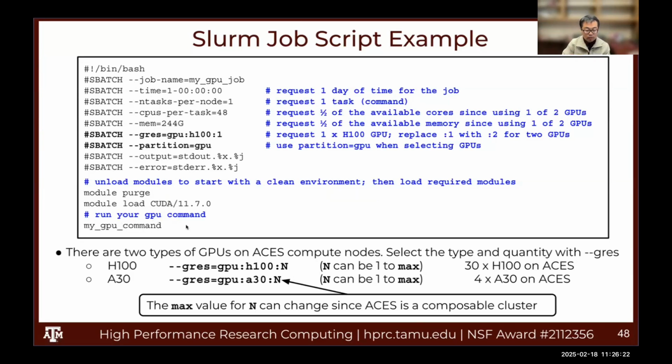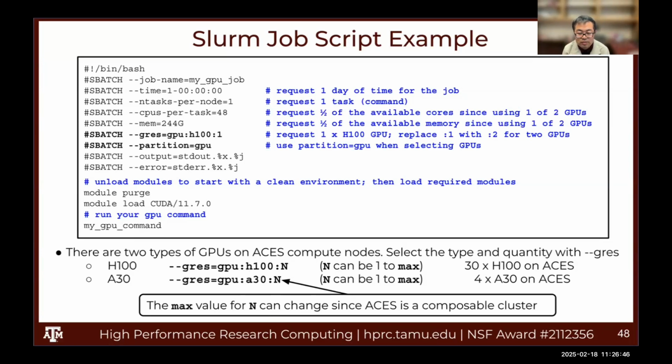So there are two types of GPUs on ACES computing nodes, H100 and A30. The max value for the number can be changed since our ACES computing cluster is a composable cluster.